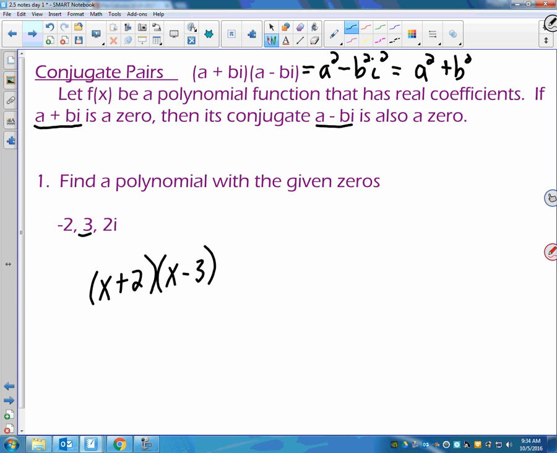If 2i is a zero, then do we have to have an x plus 2i? It doesn't tell you that negative 2i is a zero, but imaginary zeros are always in conjugate pairs. So if 2i is a zero, Sean, you're exactly right, then negative 2i is also a zero. So you also have to have x plus 2i. If you don't do that, you'll have i's in your answer, and our polynomials don't ever have i's in them, right?